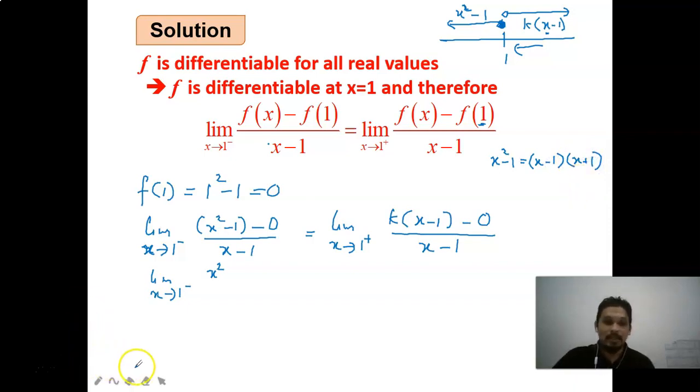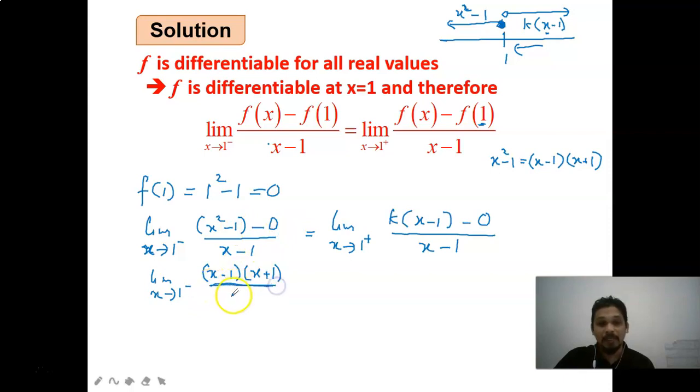Okay, now simplify this. x minus 1 and x plus 1 minus 0. We don't have to write it all again because minus 0 is all gone.